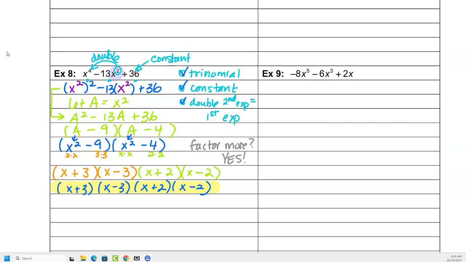Last one, uh-oh. So the one thing that we haven't been doing and we should be doing is we should always be asking, is there a GCF? This one has a GCF, doesn't it? Do you see 2 goes into all of them? And also x, and we have a leading negative.